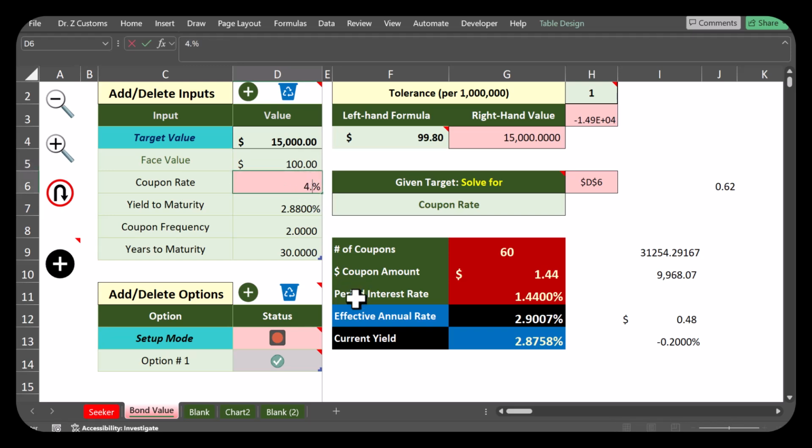It's quarterly, so coupon frequency is 4, 23 years to maturity. My target is 110 because it's trading at 110% of the face value. Double click on this to make it green light. As you know, it automatically solves the yield to maturity for you. 347.61.